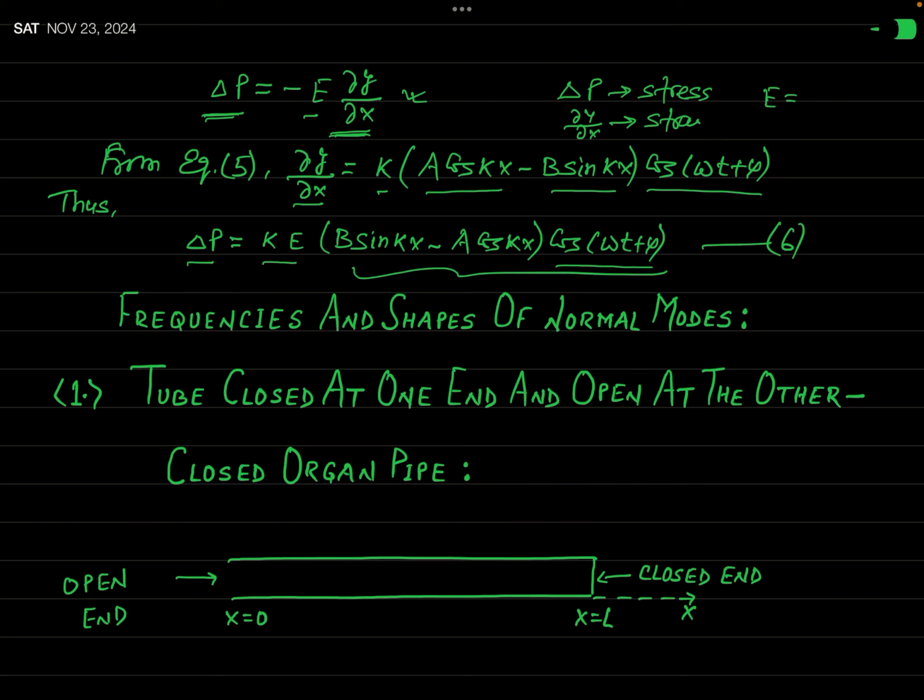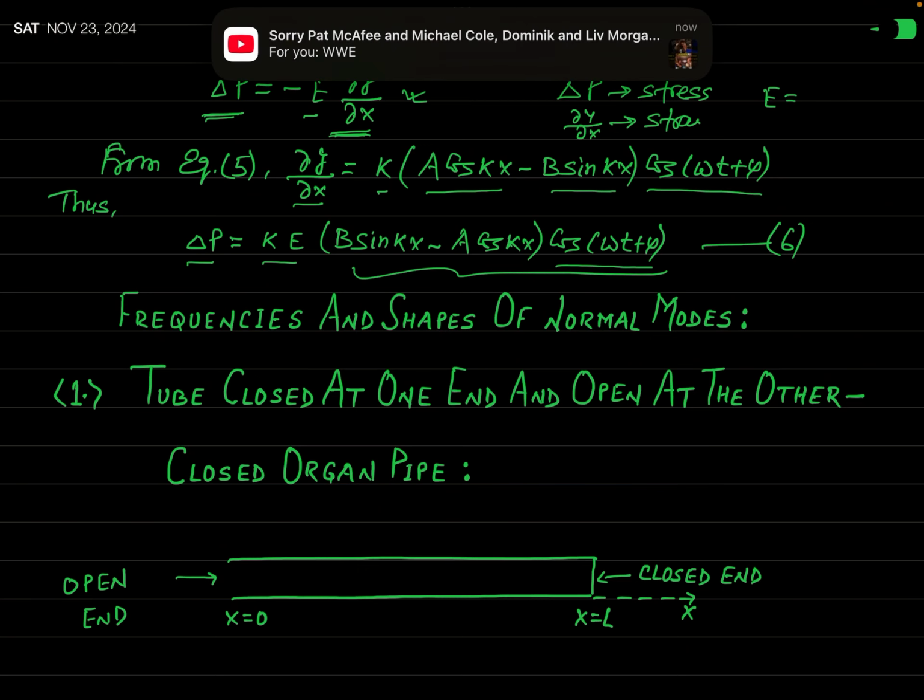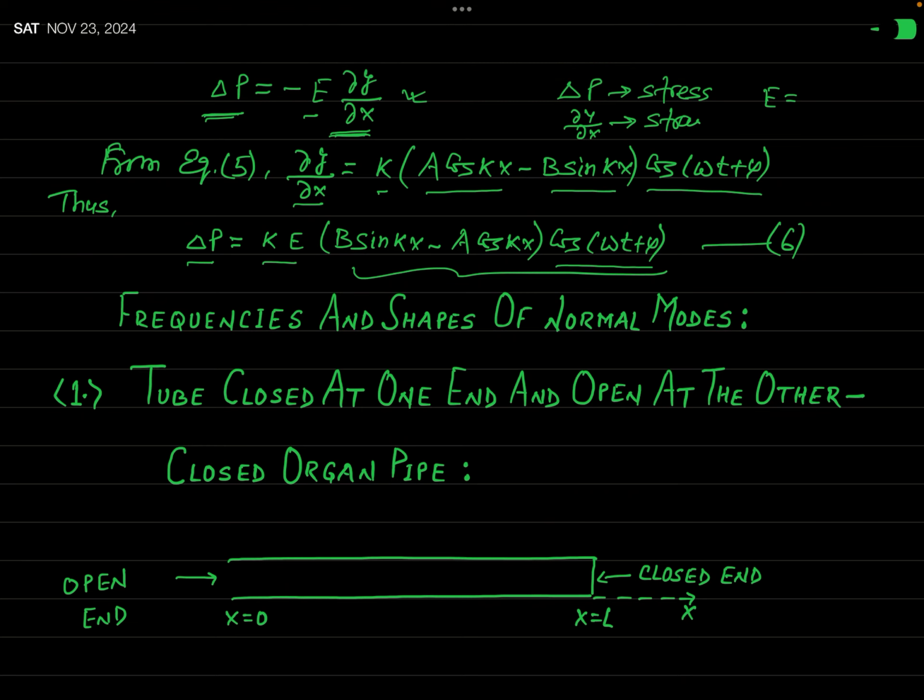In the first case, we are going to see what the normal mode frequencies and shapes will be when the tube is closed at one end and open at the other. And as I have told you earlier, in case of sound waves, when we study the propagation of sound wave in a tube, in an air column, we consider a closed organ pipe and an open organ pipe. So this is the case of a closed organ pipe.